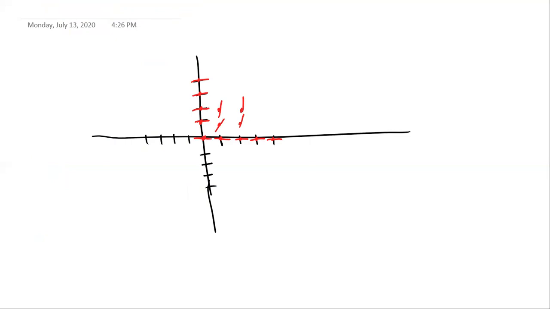Now, what's the point of doing this? Why are we doing all this? The reason is this.